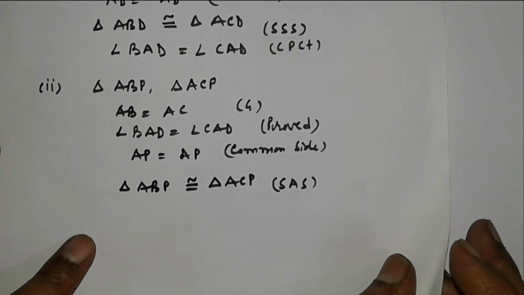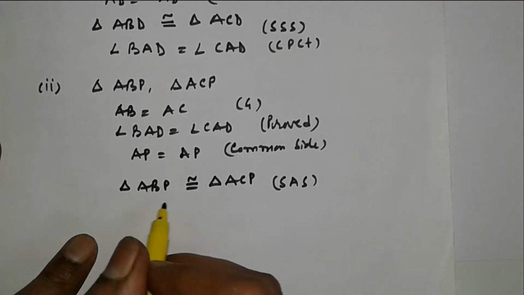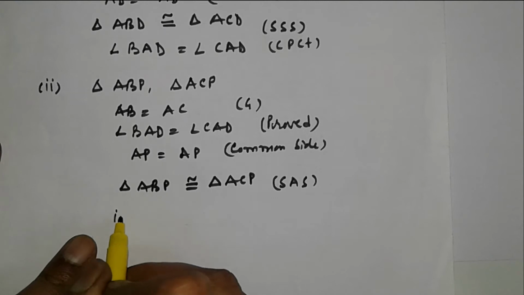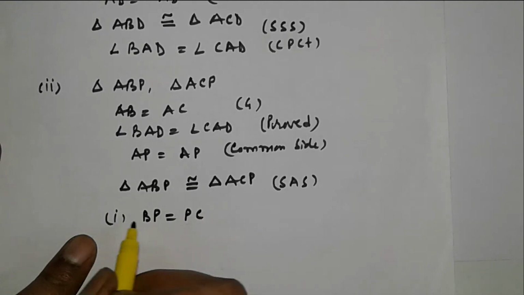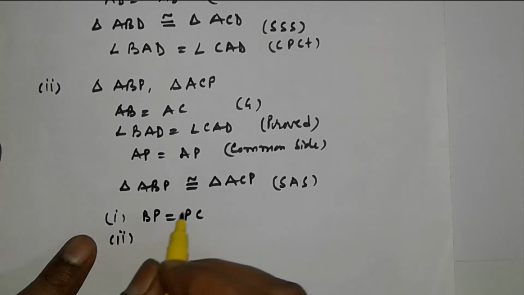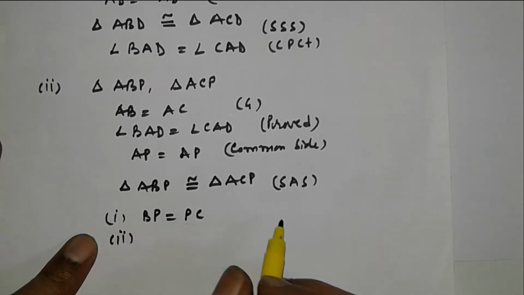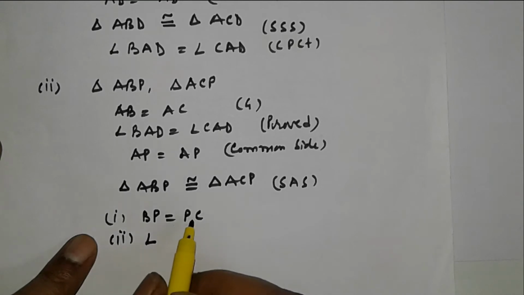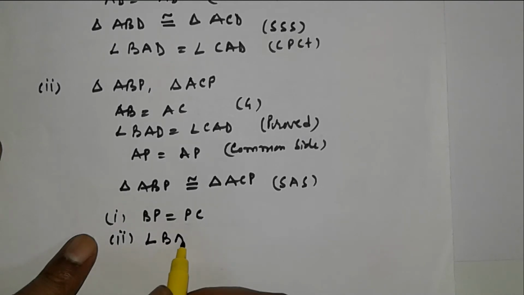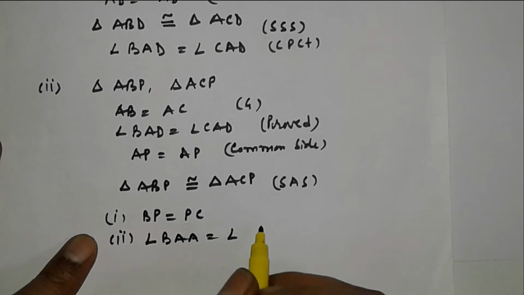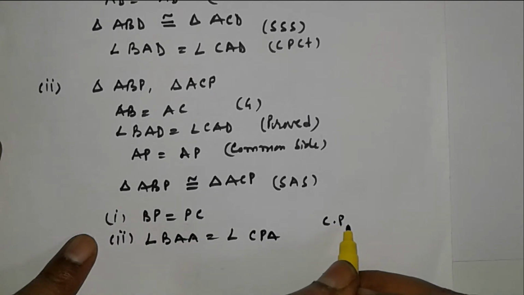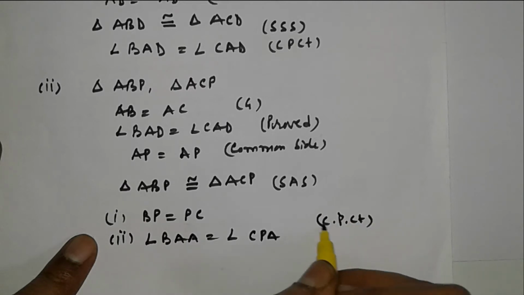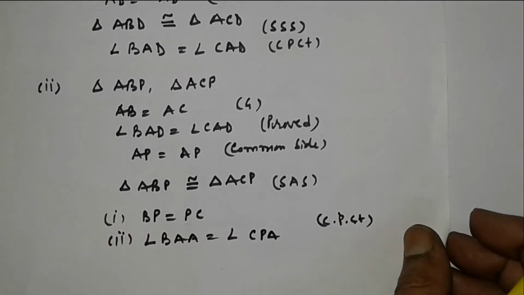If they are congruent to each other, then first we can write BP is equal to PC, and second we can write angle BPA is equal to angle CPA, and both are by CPCT. Okay, now two parts we have proved. Now we take the third part.